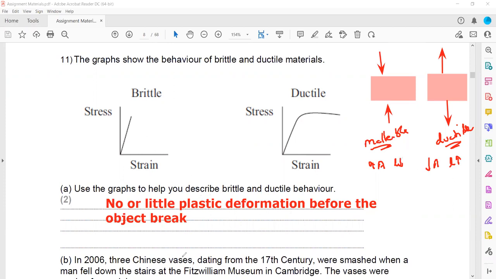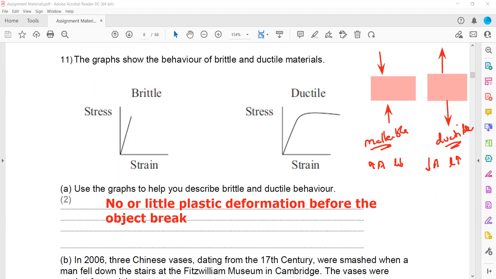So a malleable material will deform under compression. And for a ductile material, this graph shows that it can undergo a larger plastic deformation, or more area under the graph. It shows that there's a large plastic deformation under tensile stress.